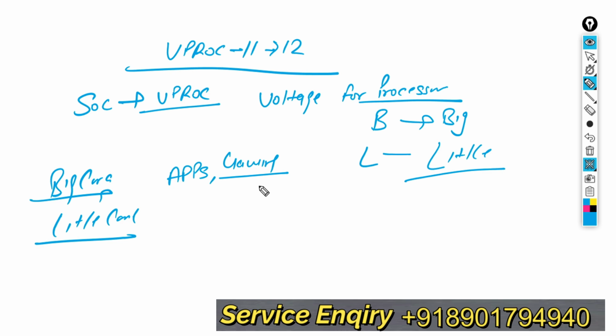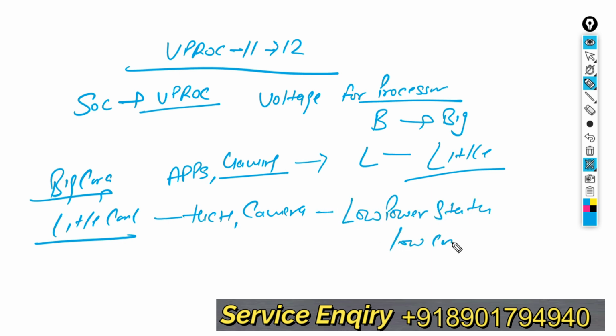This voltage is for big tasks, when the CPU, your SoC, the processor needs more power, when it works on the big core. This other part works when, like in touch or camera, it needs a low power state, so low core working. I hope you understood, right?